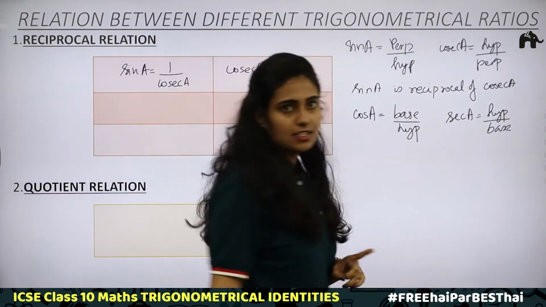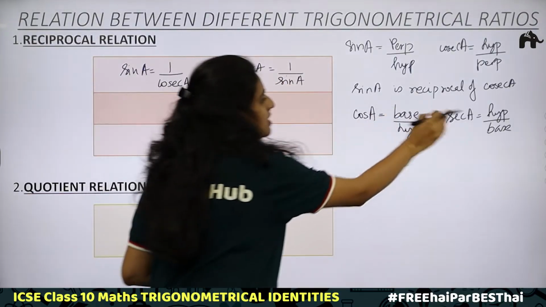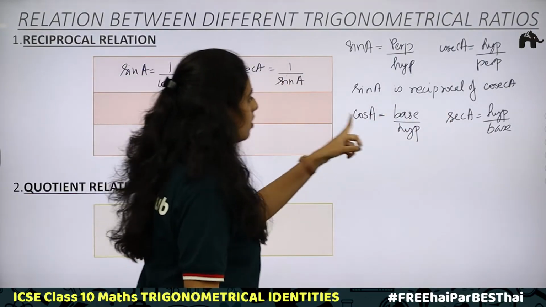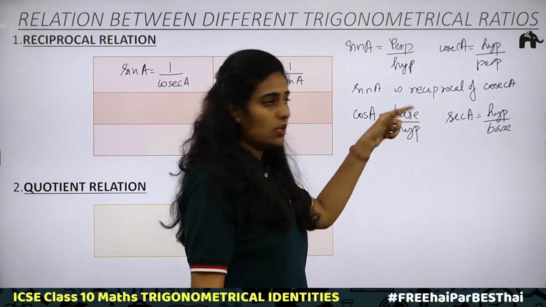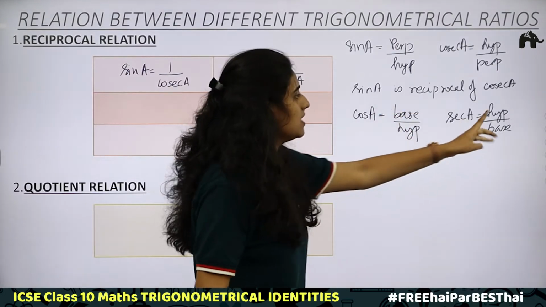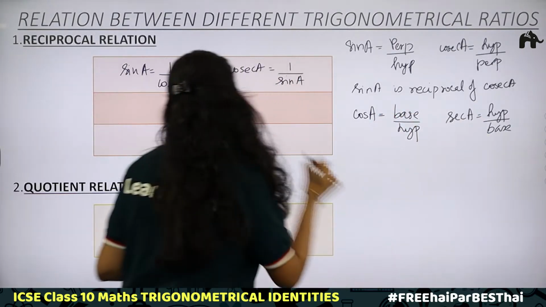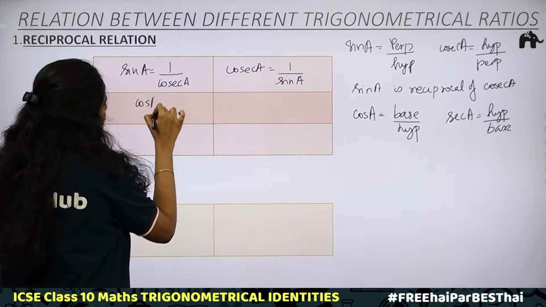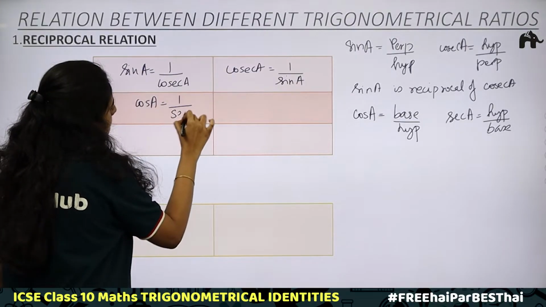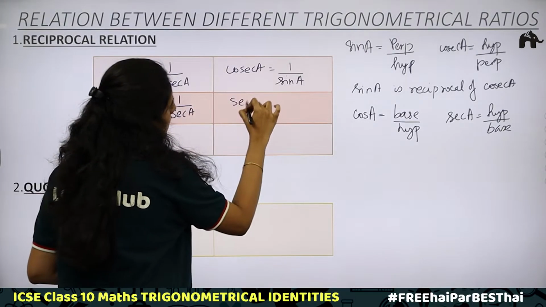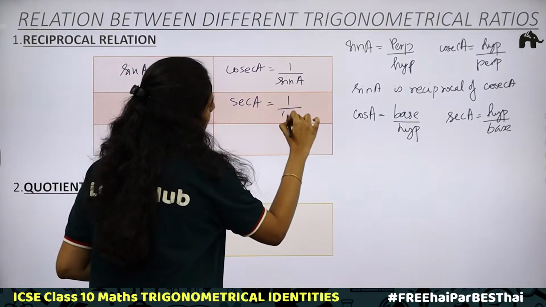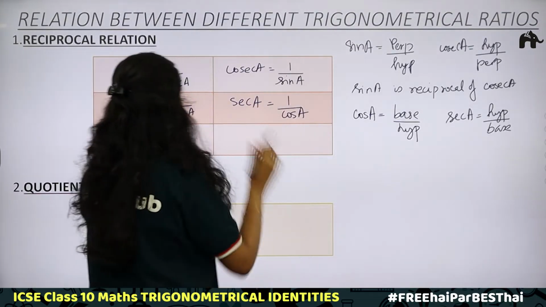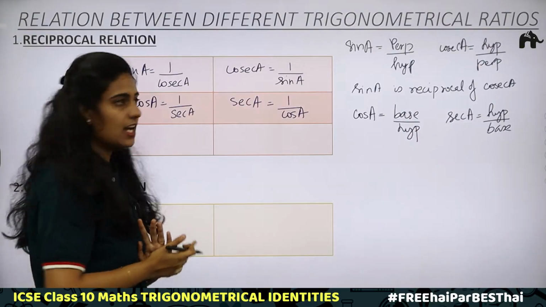They are again showing a reciprocal relation. When you take the reciprocal of cos A, we get hypotenuse by base, which is sec A. Cos A is 1 by sec A, and sec A is 1 by cos A. This is how cos and sec are related.